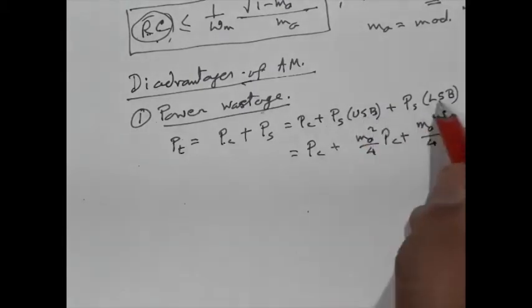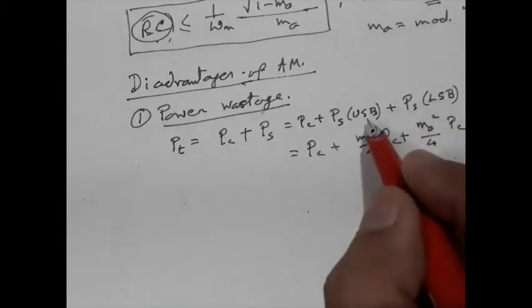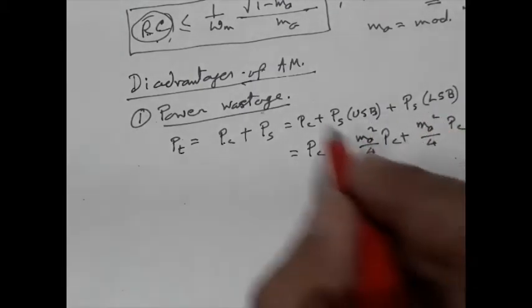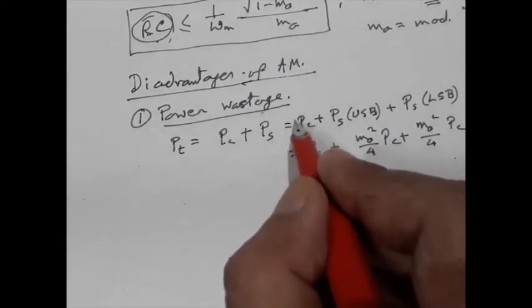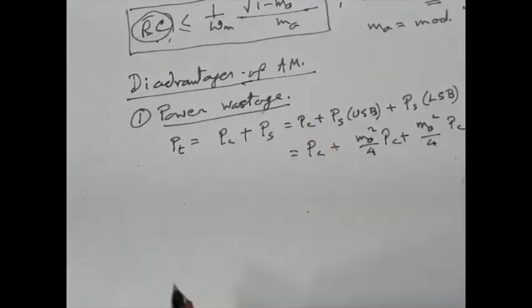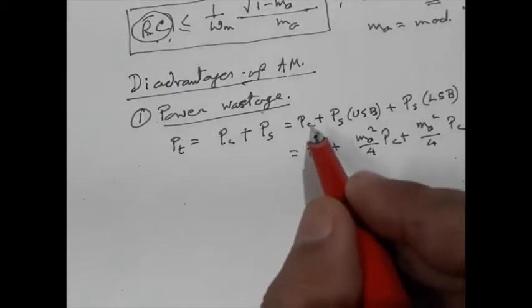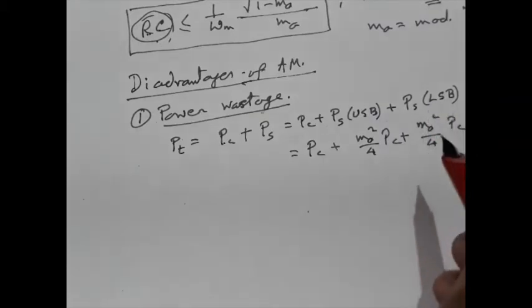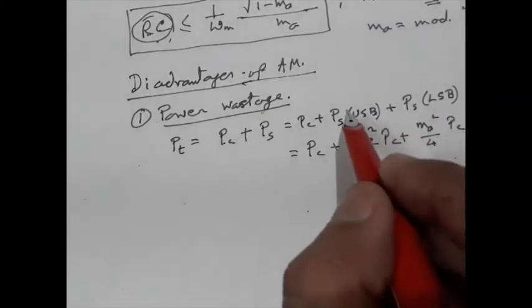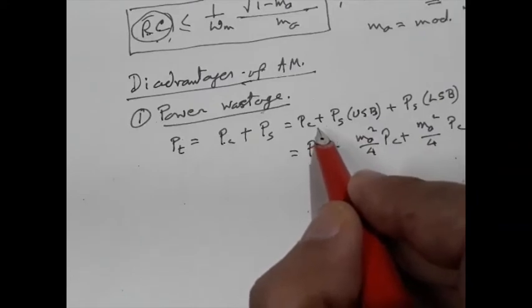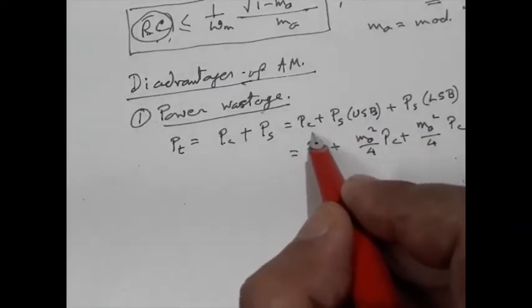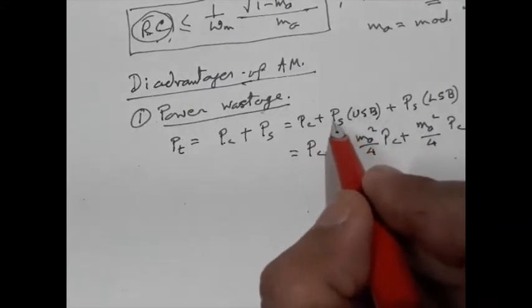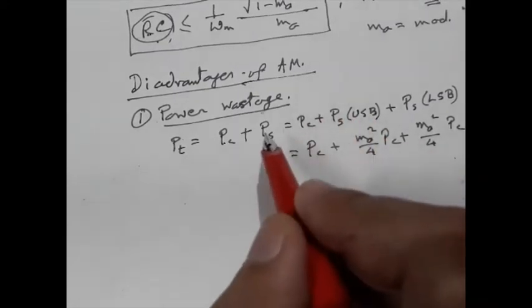Now, upper sideband and lower sideband is carrying the same information. This carrier is not carrying any information. So any one sideband is sufficient to reproduce the original message signal. But for AM, we have to send the carrier as well as the other sideband.